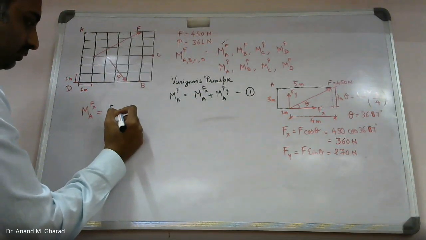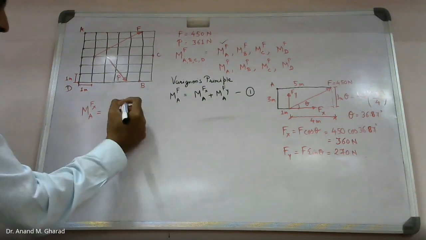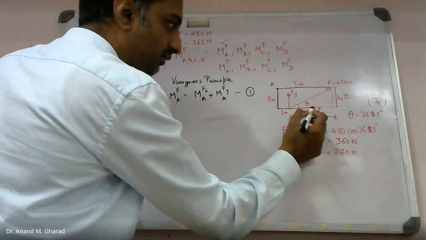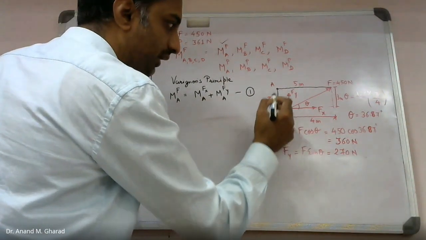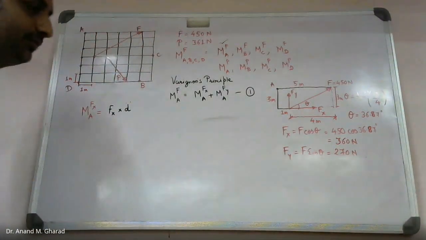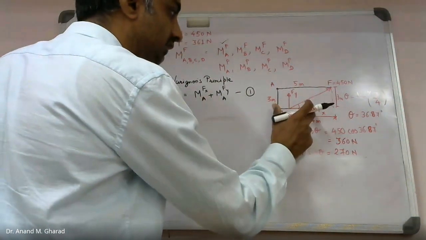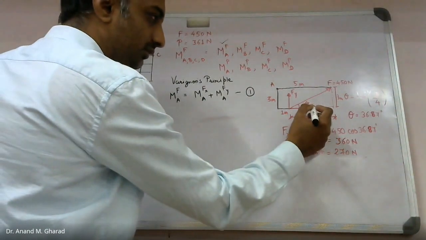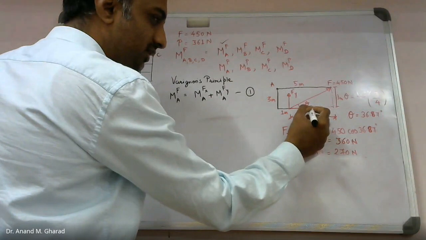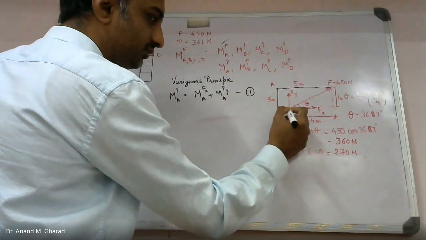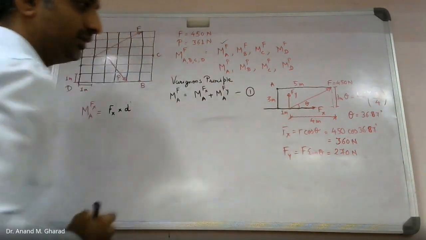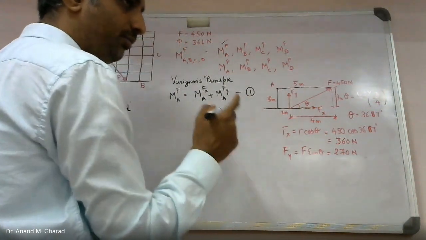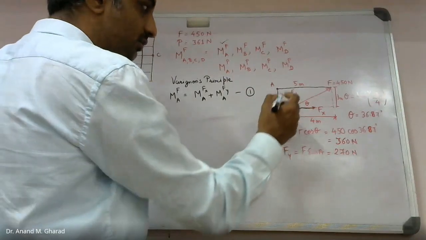Fx into, let's say, D. D is the perpendicular distance between the line of action of the force and the moment center. How much is that distance? Can anyone tell? I will extend the line of action of this force like this, and drop a perpendicular from the moment center, the point about which we are supposed to take the moment.